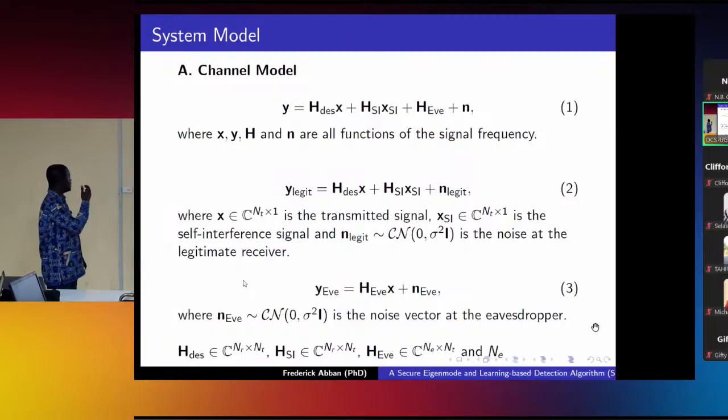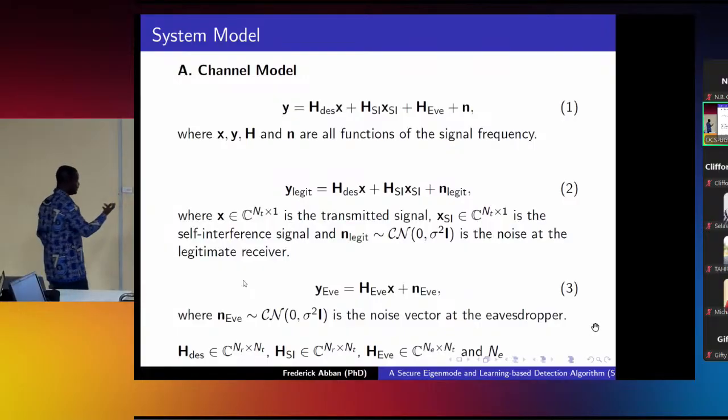The desired signal, the self-interference signal, the eavesdropping signal, they are complex values. And so we cannot just do elimination and take them off. If they were simple values, we could have just used elimination. But they are not simple values, and so we require additional computation to take care of the eavesdropping signal.